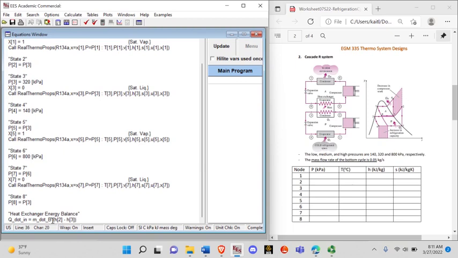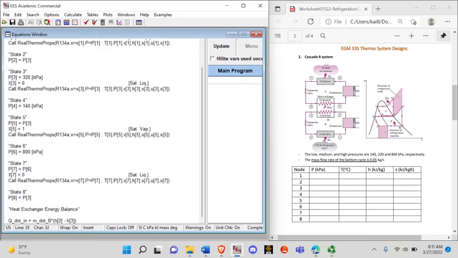So that's Q dot into the system. And we don't have H2, we found H3, we don't know m dot B, but we see here that it's a given. This is the bottom cycle, this is the top cycle. They're going to have different mass flow rates, but m dot B is known. So we'll put m dot B equals 0.05 kilograms per second.